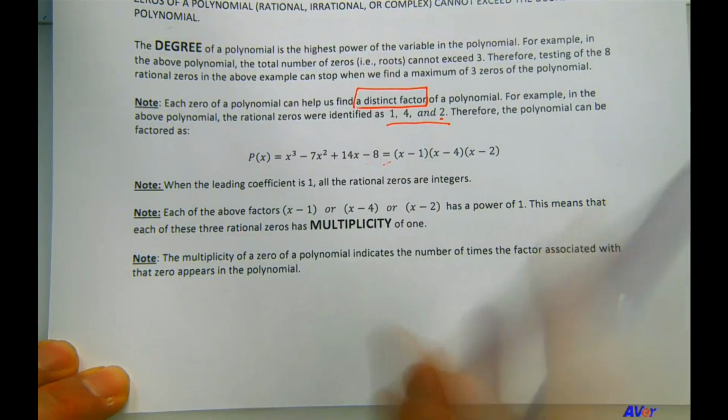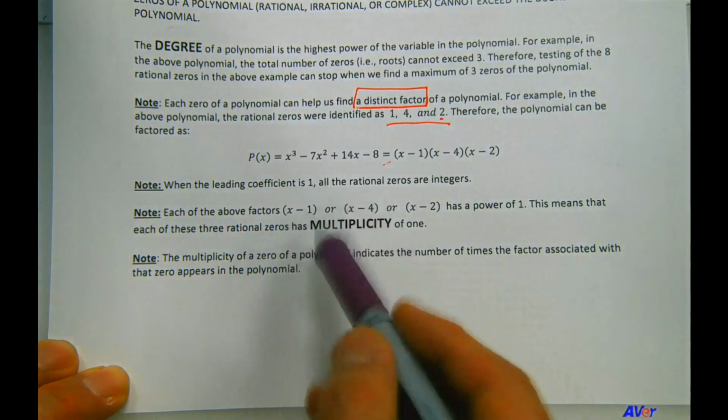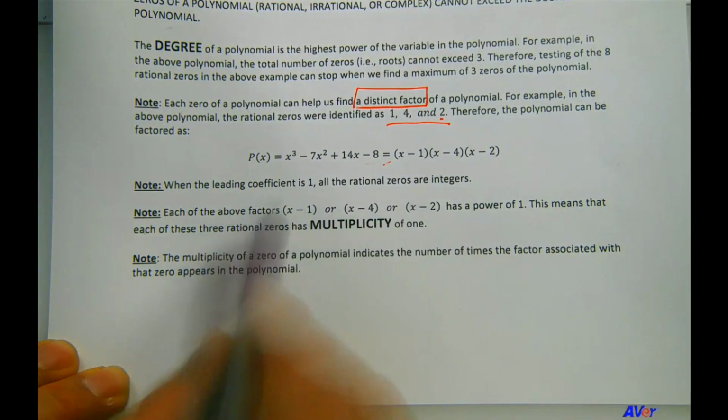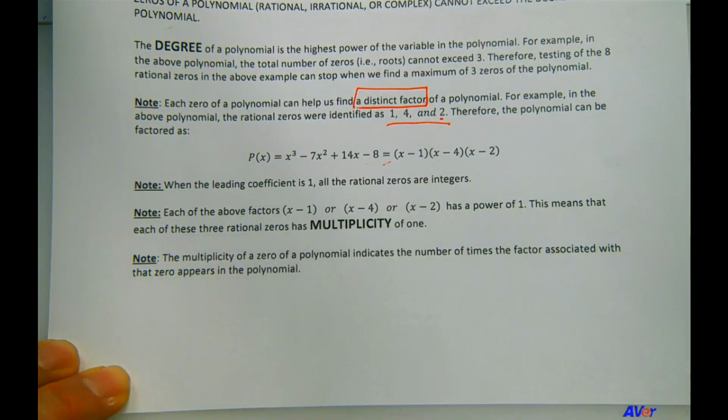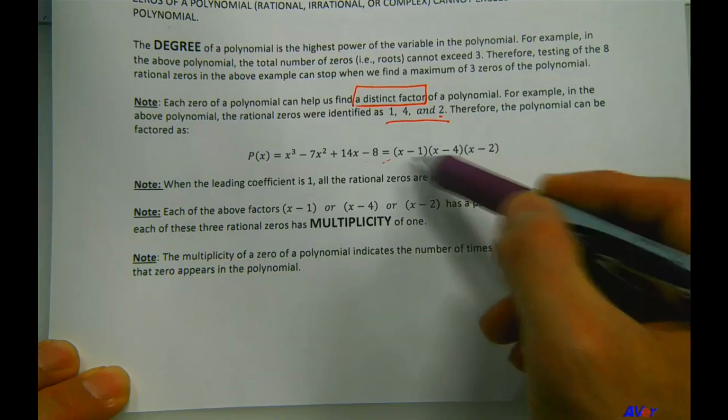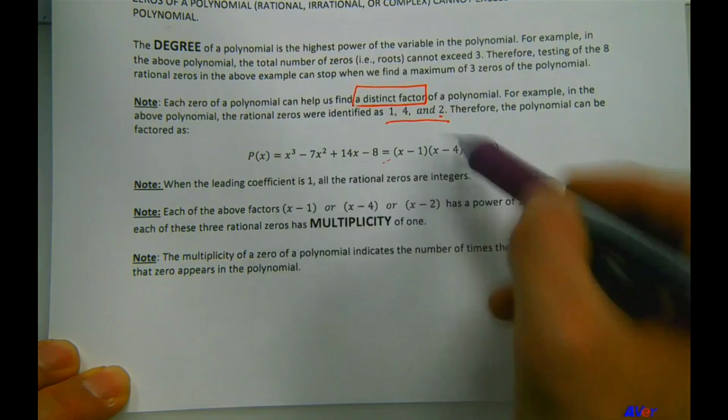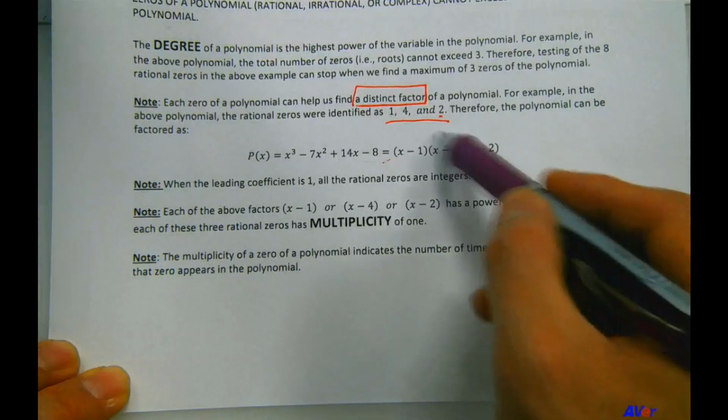If the multiplicity of a rational zero is odd, then the graph of the polynomial will cross the x-axis at that point.